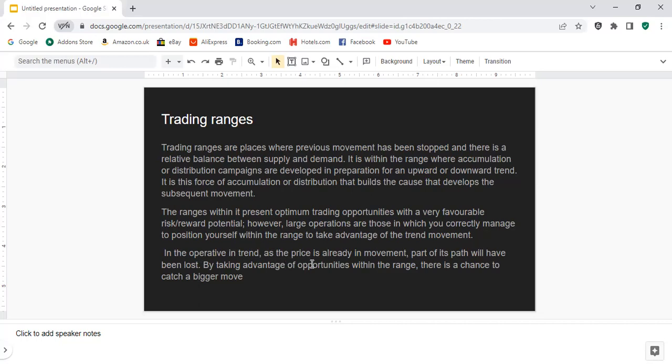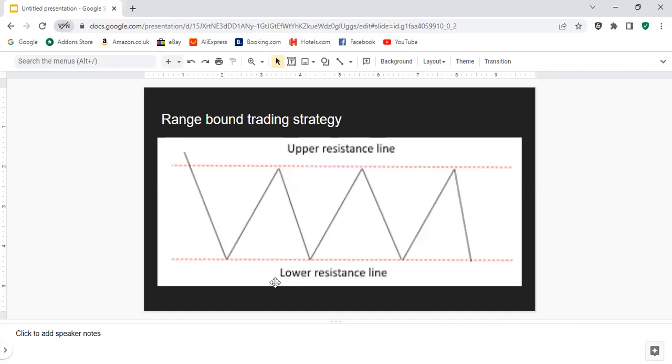By taking advantage of opportunities within the range, like consolidation, there is a chance to catch a bigger move, right? So this is a range-bound trading strategy, right? There's a lower resistance, there's the upper resistance line, right?